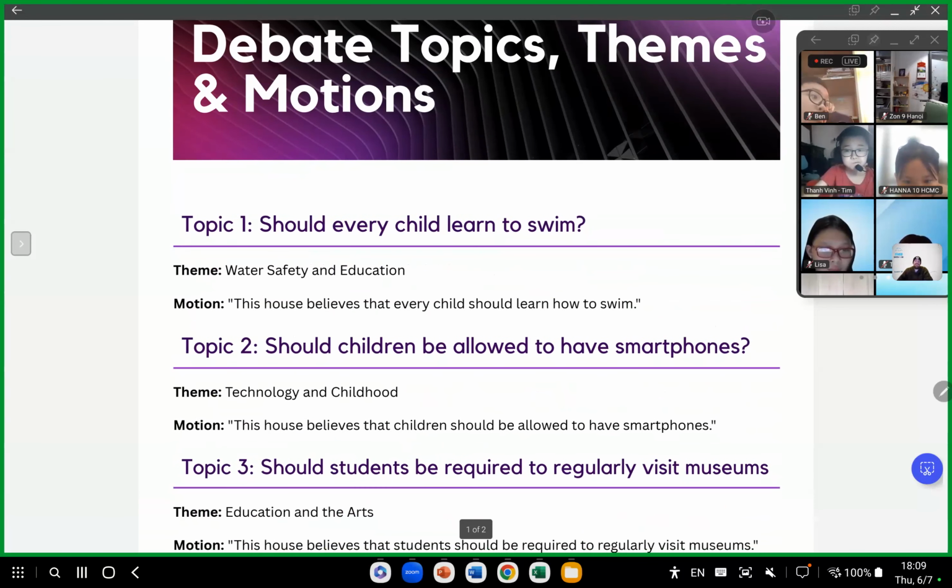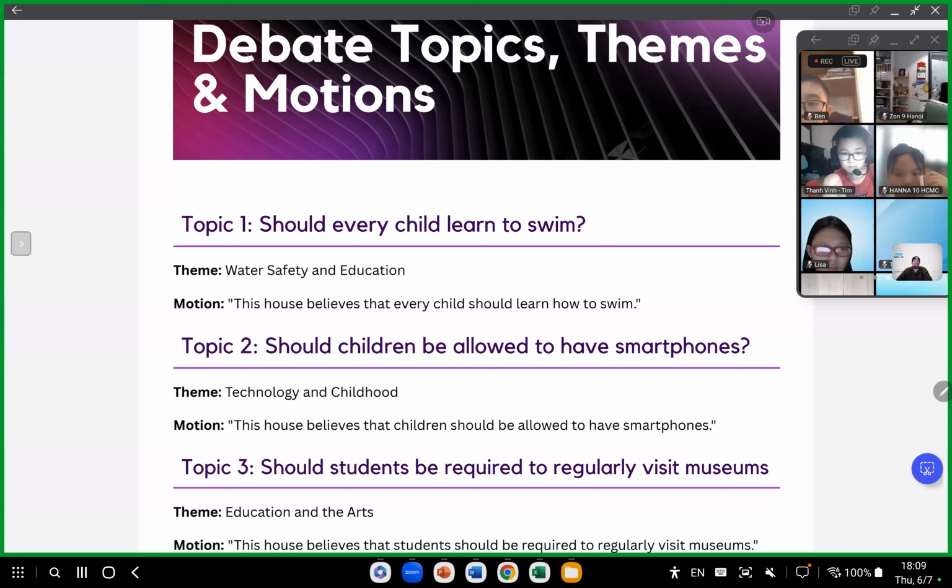So if the topic is, should every child learn how to swim? Then the motion is the statement made by the affirmative team, by the proposition, and that lets us know what side of the debate they're arguing for. So the motion would be something like, this house believes that every child should learn how to swim.